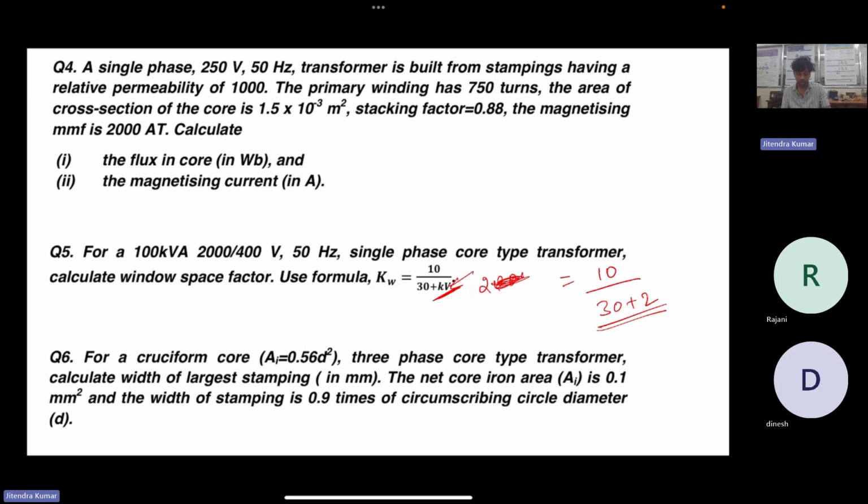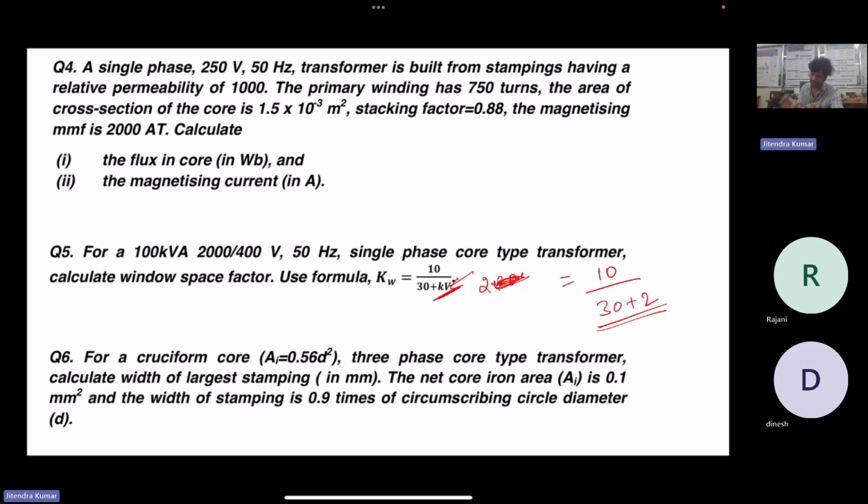Now the important problems start from question 6. For a cruciform core, which area of iron is related to the diameter of the circle. A 3-phase core transformer is given.